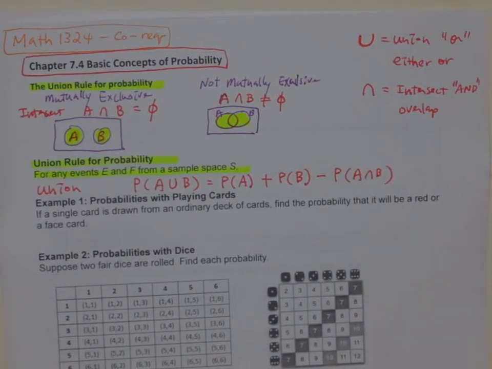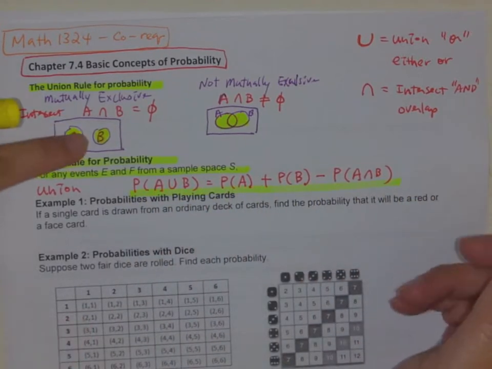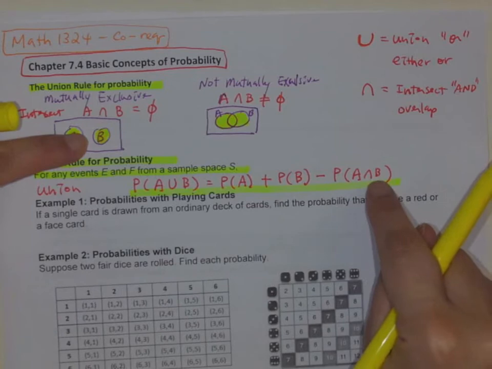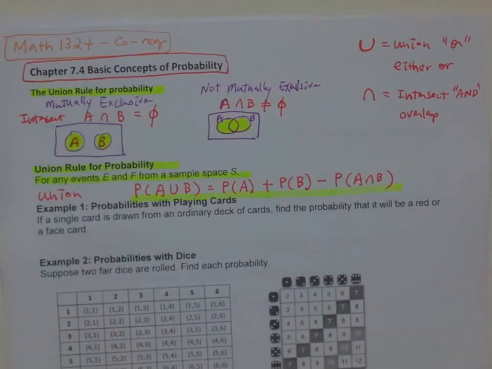That one is important and we're going to need to use it today. This means if they're mutually exclusive, you don't have anything to subtract, but if they are overlapping each other, you have to subtract that overlapping part.